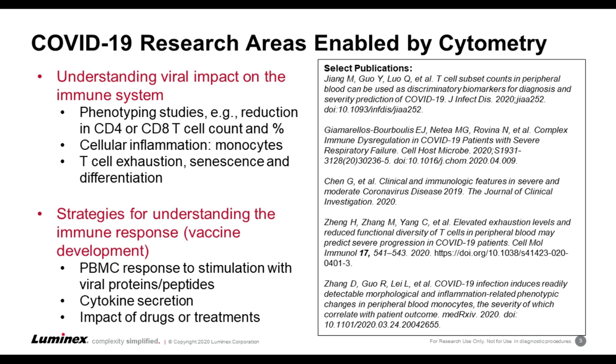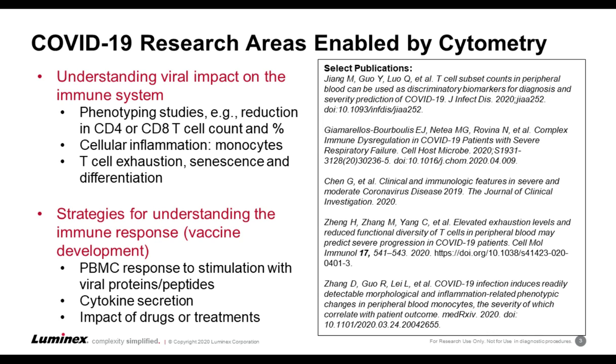So phenotyping of blood samples with regard to absolute counts and percentage is critical. And in many cases, people are performing T, B, NK lymphocyte analysis, as well as evaluating T cell differentiation into naive and memory subtypes. Many studies are also identifying markers of inflammation.